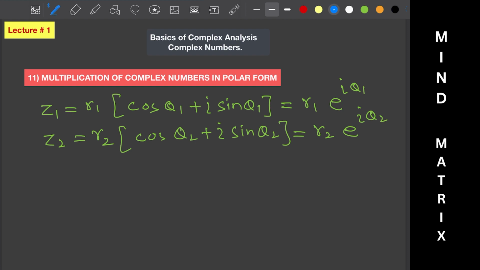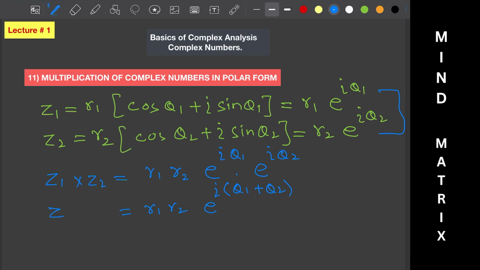Now we are going to multiply these two numbers, z1 cross z2. So r1 r2 e power iota theta 1 dot e power iota theta 2, which gives r1 r2 e power iota times theta 1 plus theta 2.